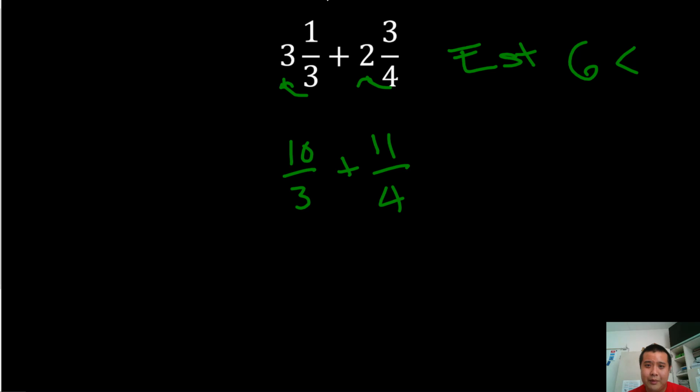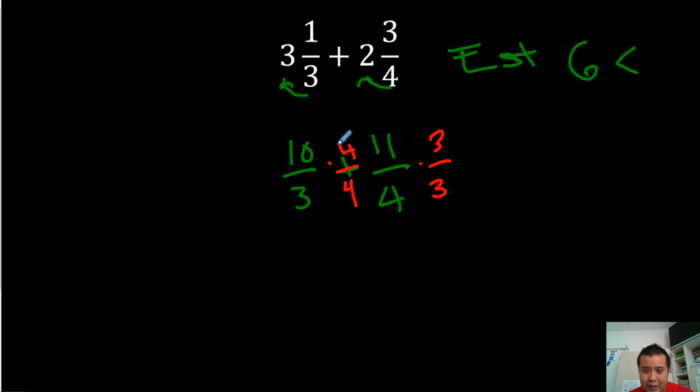We're going to make them common denominators by making it into 12, because 3 times 4 is 12, and our least common multiple between 3 and 4 is 12. So we're going to multiply this by 3 over 3 and multiply this one by 4 over 4.